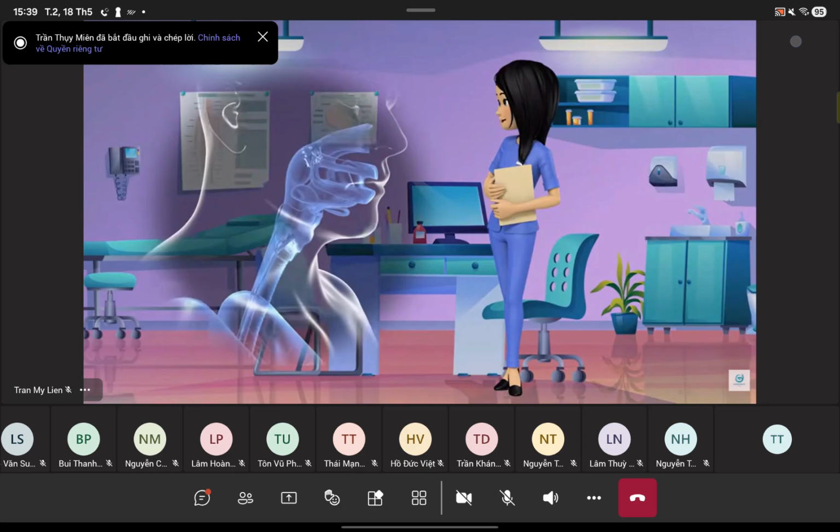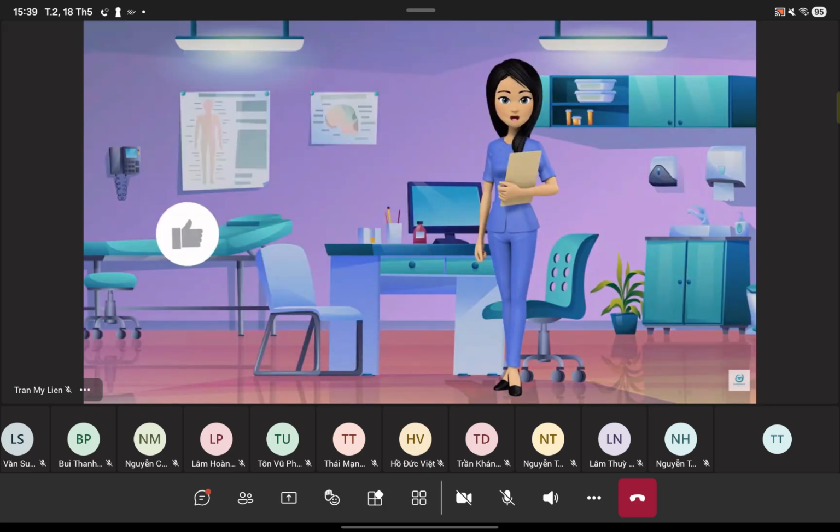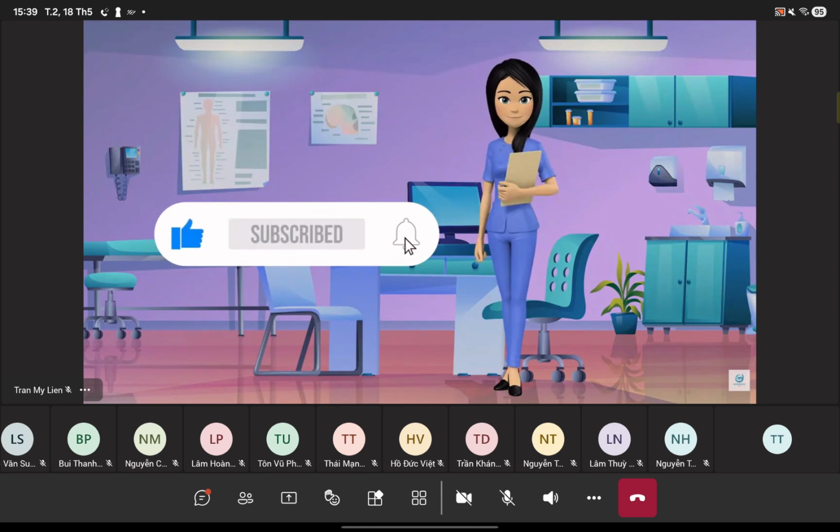The invisible engine that lets you live, think, and move. And today, I'm going to explain it in a way so clear, you'll never forget it.